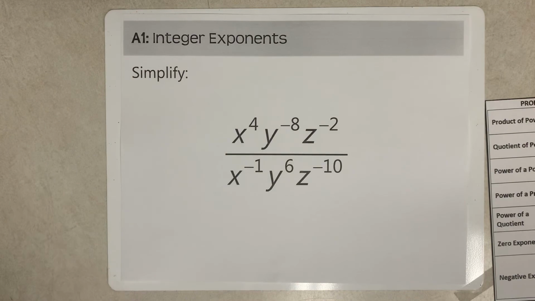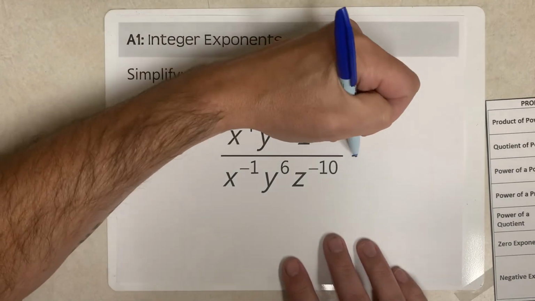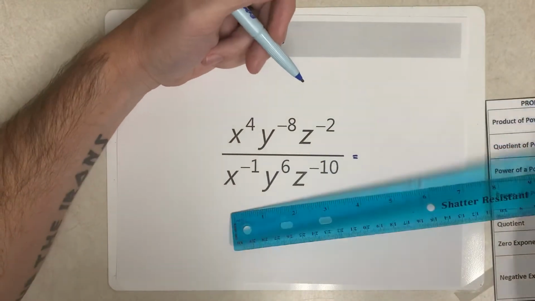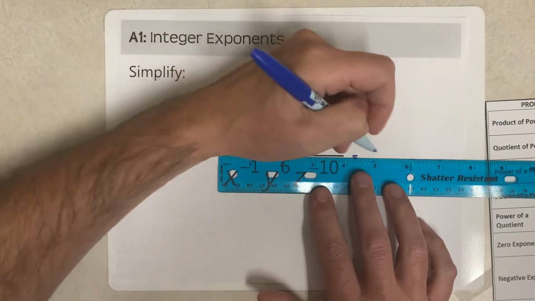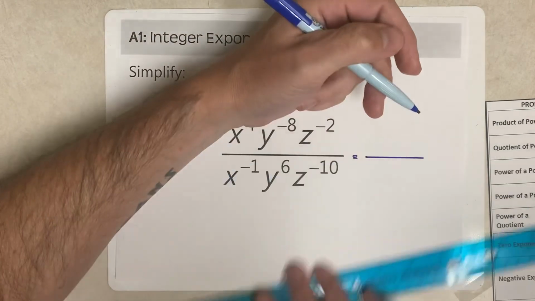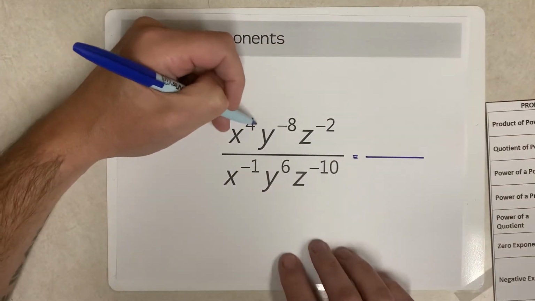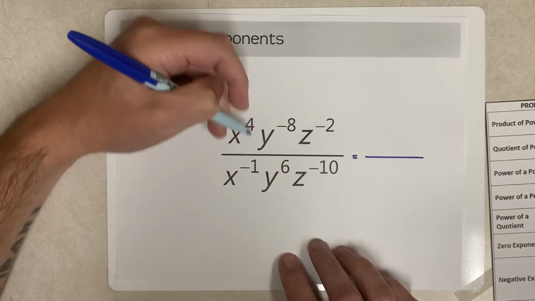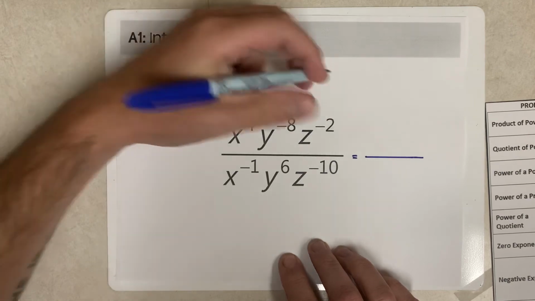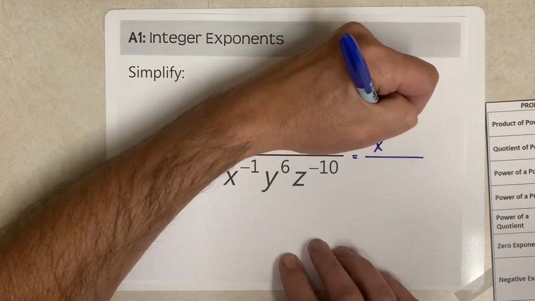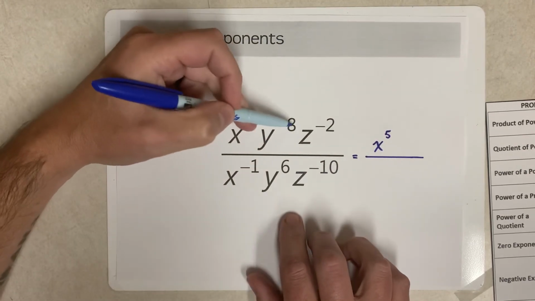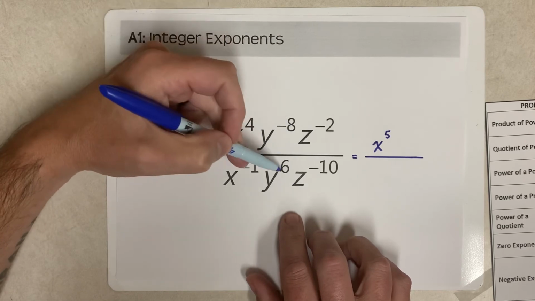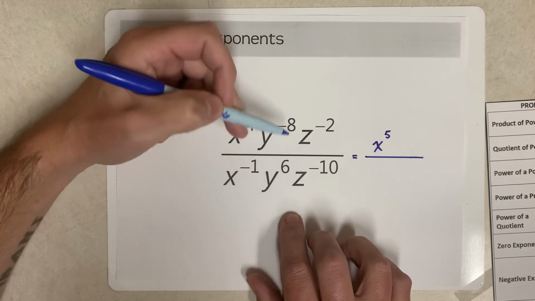All right, let's see what's going to happen with this one. For this one, I've got x's, y's, and z's, so something's going to happen. All right, I got 4 x's up here. This -1 is going to come up here, combine with the 4, so 4 plus 1 is 5. Okay, these 8 y's are going to drop down with that 6 and add to it, and 8 plus 6, 14.